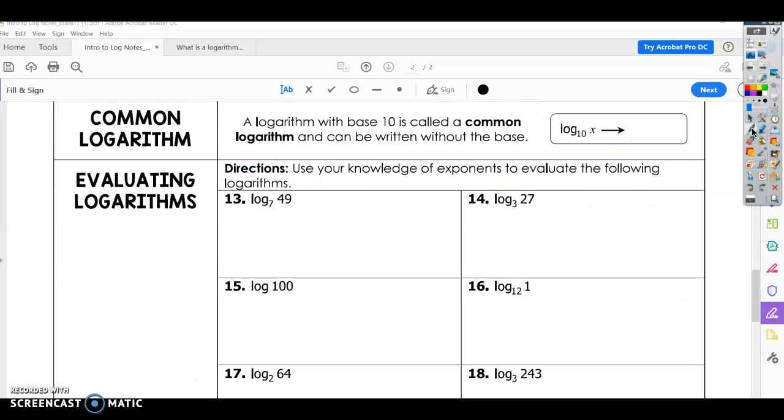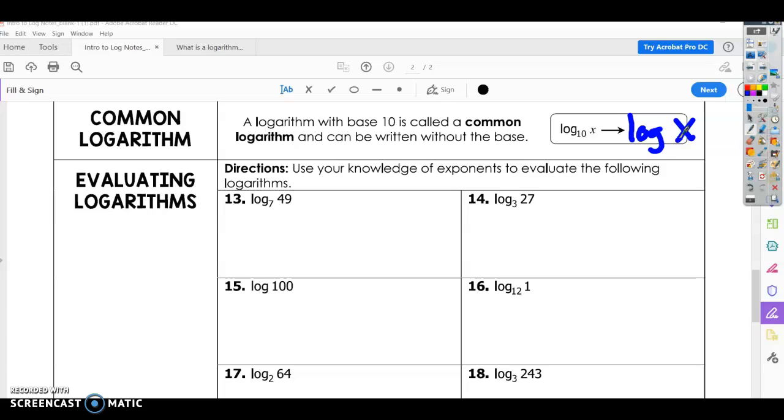Now we're going to talk about something called a common logarithm. This is a logarithm which has a base 10. If you see a logarithm that's written just log of x, and there's no base, that represents your common logarithm. So if it doesn't have a base and it's written log of x, then that's the same as base 10. That's similar to having an x without a number in front of it, or a square root without an index of 2.